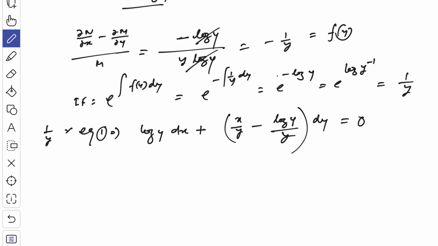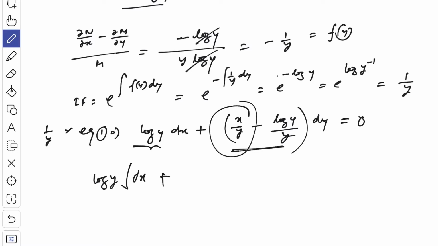So now what to do? We're gonna integrate this part, log y dx. So here you see this part consists y only. That's why we can write this one in this way, log y integration dx. We can write this way. And from this part, we are going to take those terms only which are not containing x. That means this term x by y should not be taken.